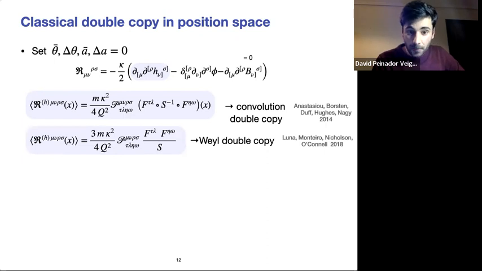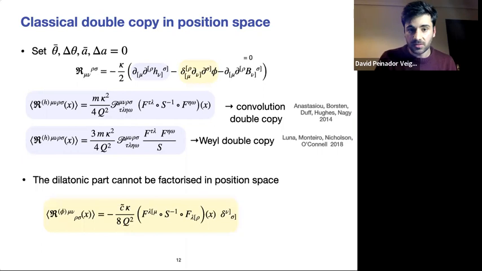This equation now is basically the Weyl double copy written in terms of tensors. The Weyl double copy was introduced in 2018 by Andrés Luna, Ricardo Monteiro, Isabel Nicholson, and Donal O'Connell. And so essentially, we've gotten the Weyl double copy from the double copy of 3-point amplitudes.